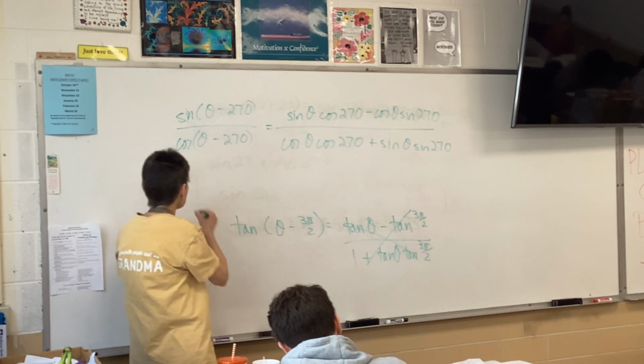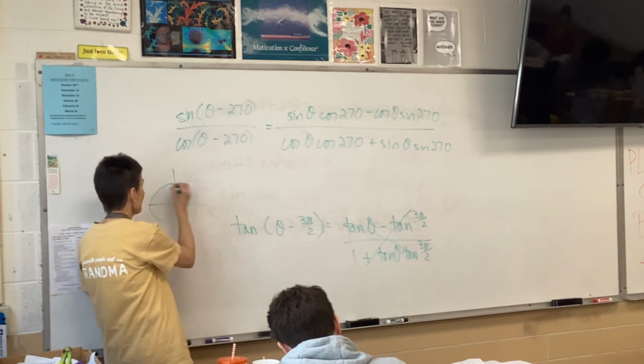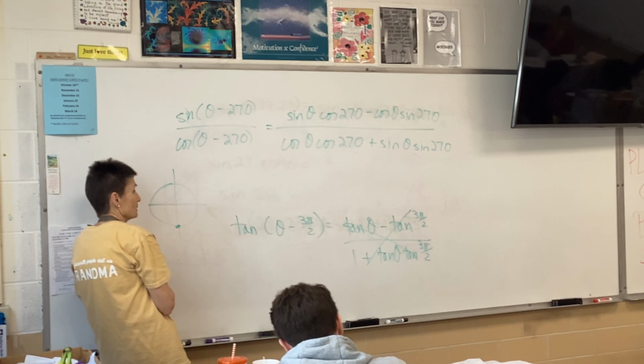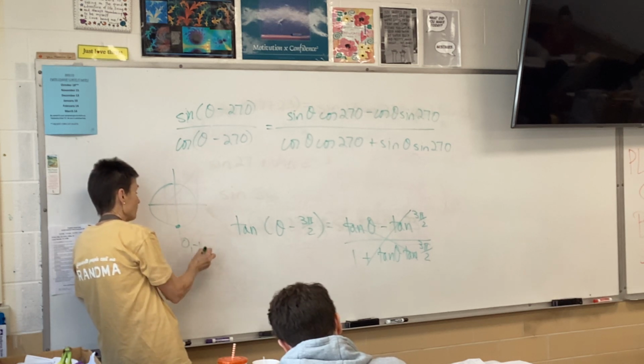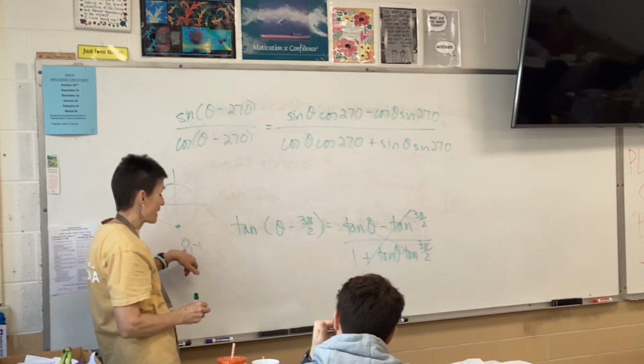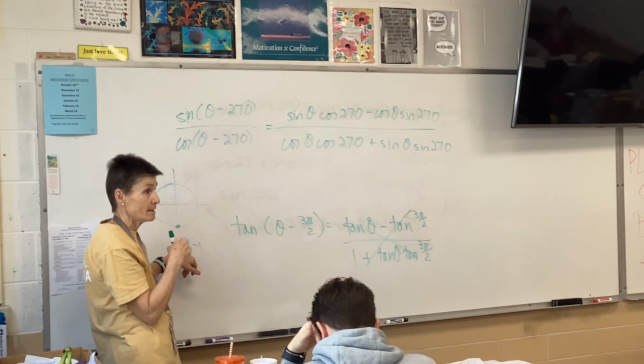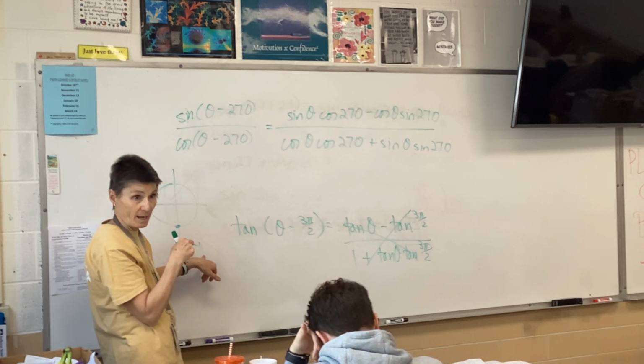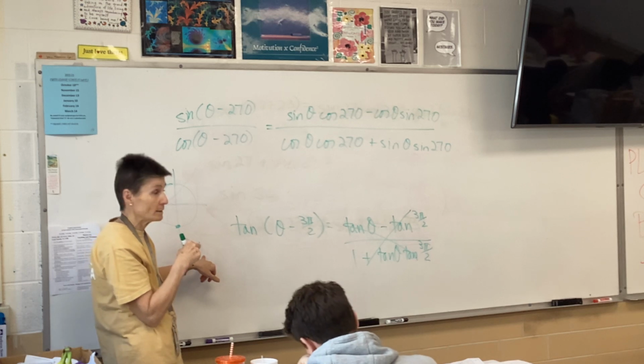All right, here we go. 270 is down here. That's 0, -1, which means every cosine is a 0 and every sine is a -1.